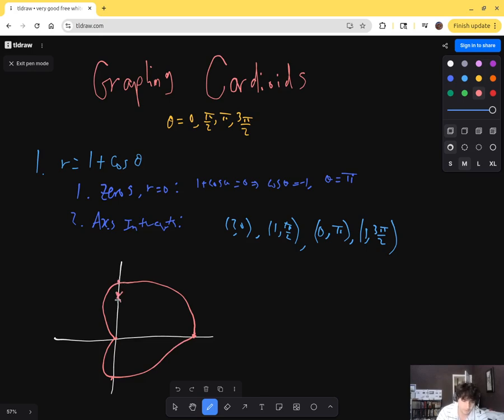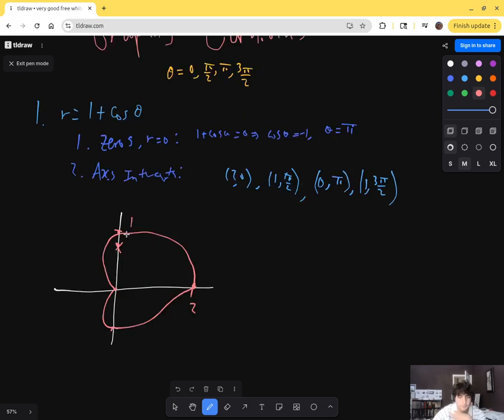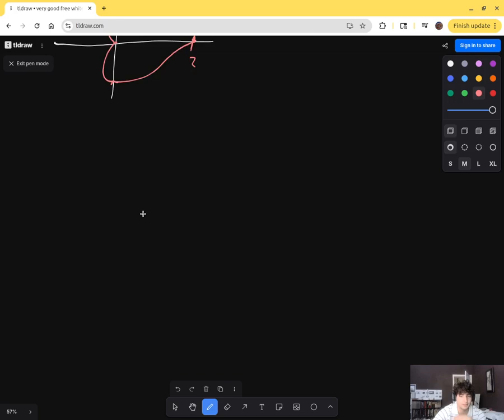We don't care about that point. So this is 2, this is 1, and this is 1 and 2. So there's that one. Now let's do another one. See how it's a lot easier?